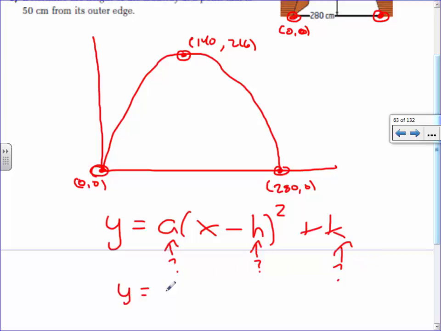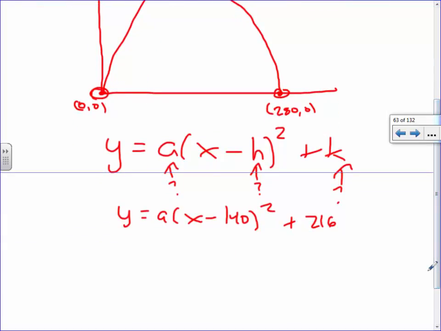What is the h value? 140. Yeah, right? Because I have that number right there. The x was 140, but it's x minus 140 though, right? Don't make it x plus 140, x minus 140. I also have my k value. 216. I almost have my equation written.